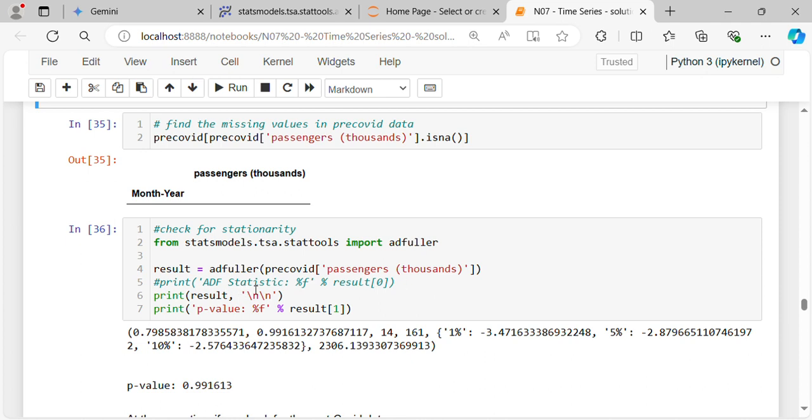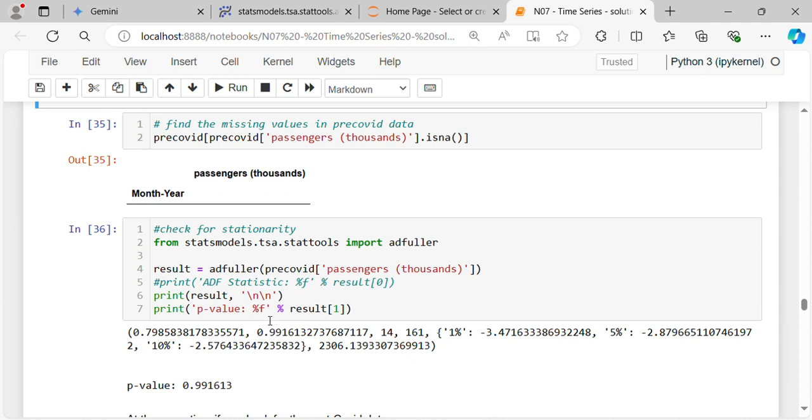Let result equal adfuller of passengers thousands. And then we print the p-value, colon percentage f.